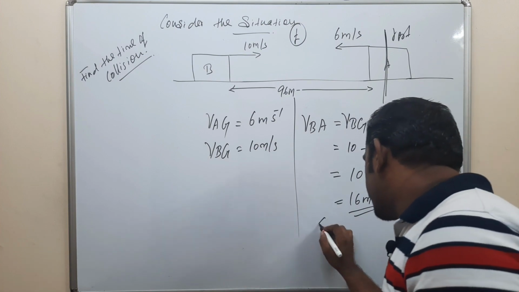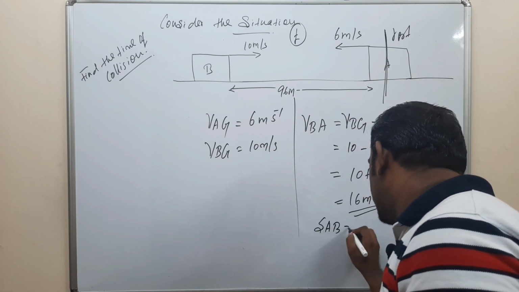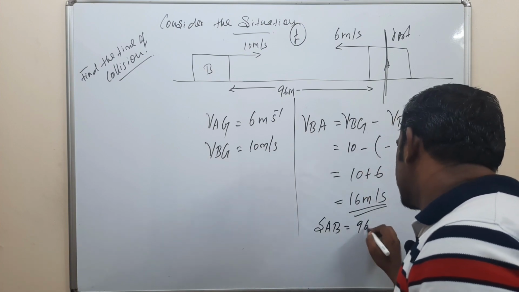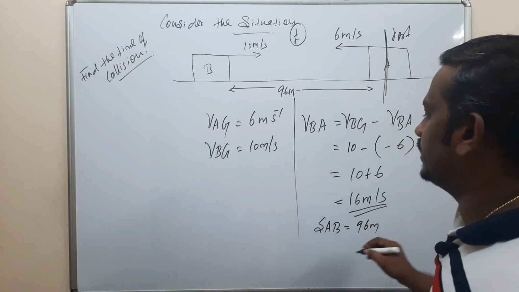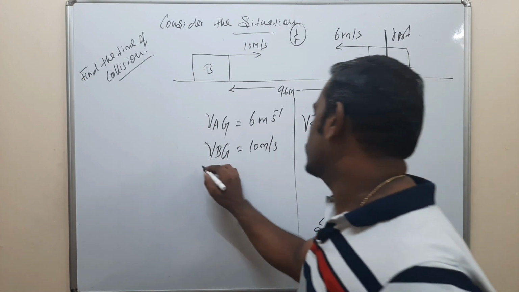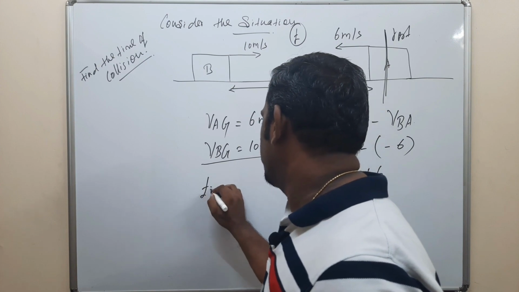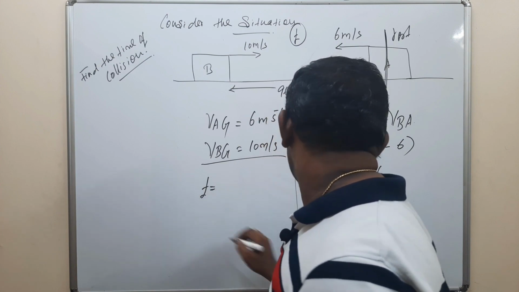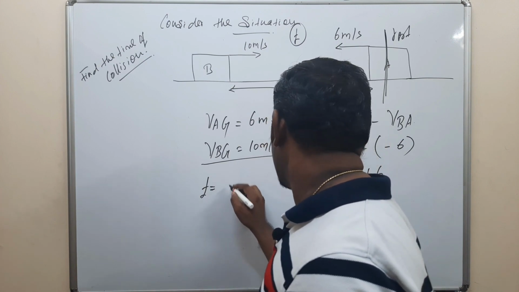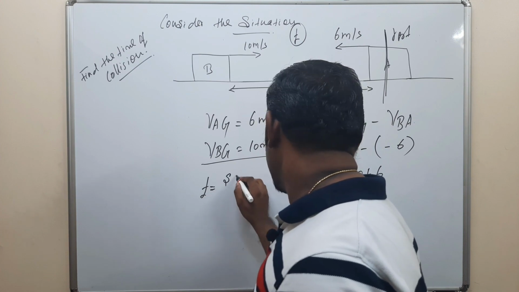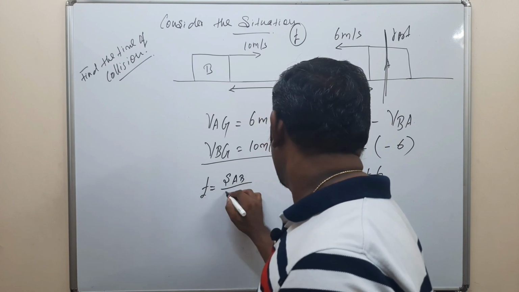So AB is equal to 96 meters. We have to find the time to cover this distance. So t is equal to distance by velocity, that is AB by VBA.